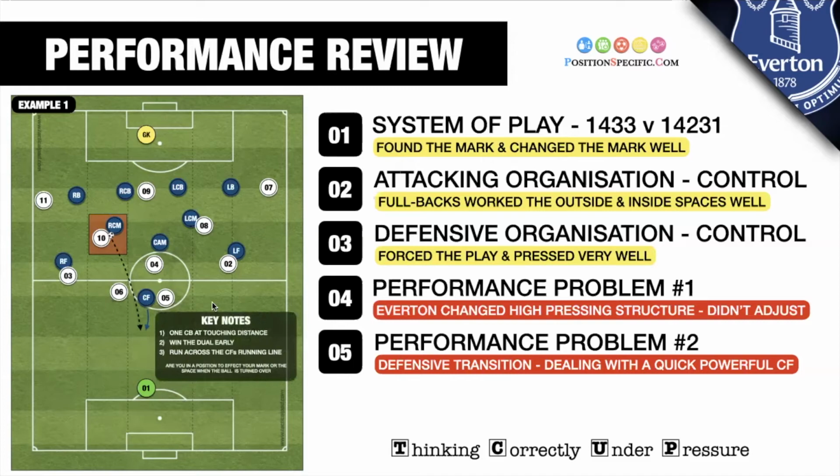So when looking at our centre-back, some of the key notes is, one centre-back always at touching distance of the forward. So even when we're building, can one of our centre-backs be at touching distance? So when the ball turns over, can they get close to the mark quicker? We also talked about winning the duel early.